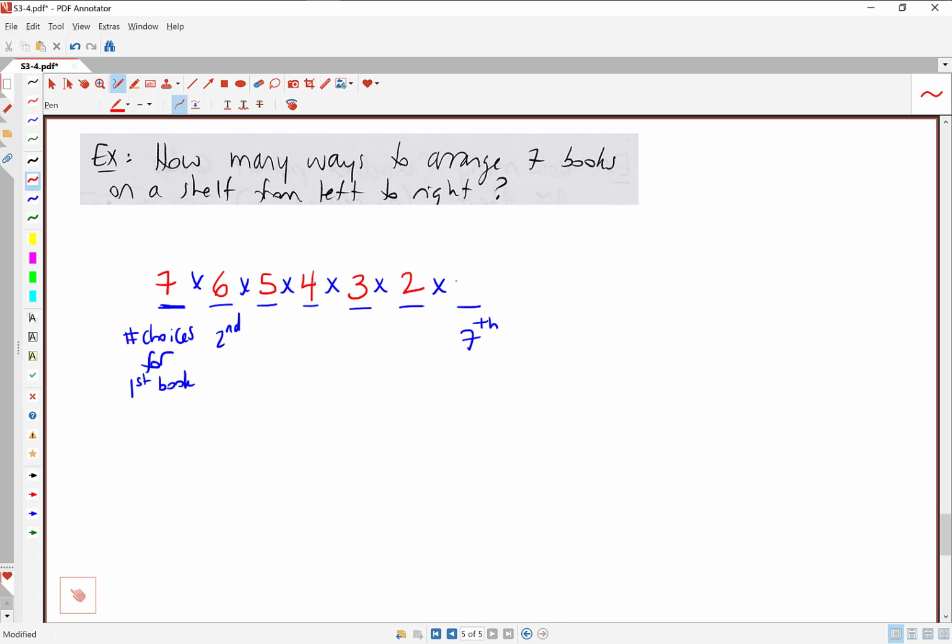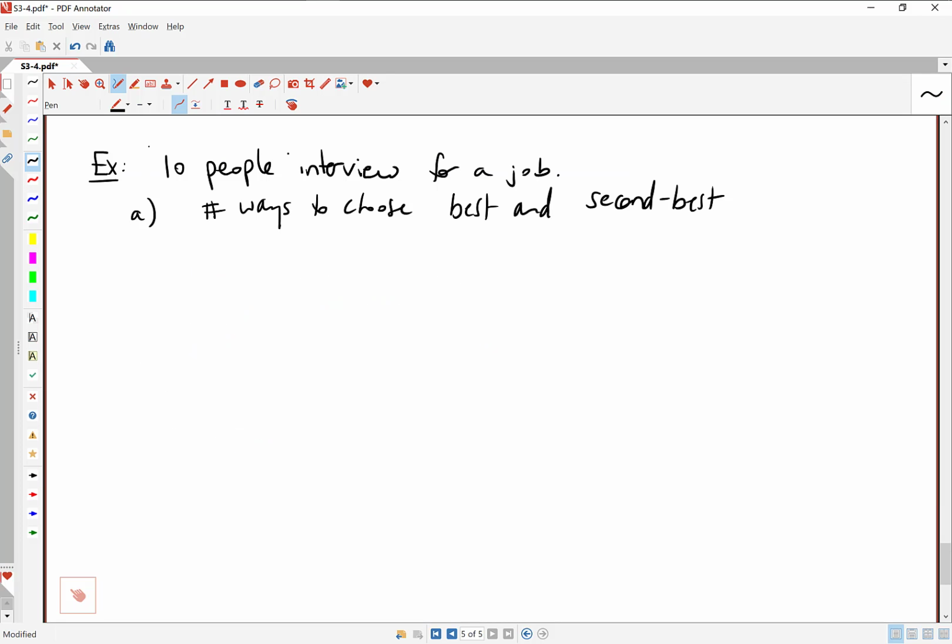And by the time you get to the last book, you are forced to place that last book in the rightmost position. Whenever you're forced to do something, that means there's one way to do it. So we could then grab our calculator and figure out that our total number of ways to arrange these 7 books is 5,040 possible ways.